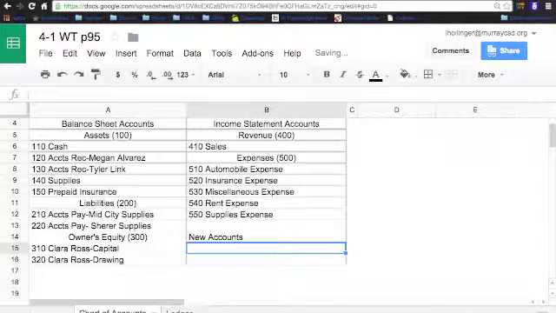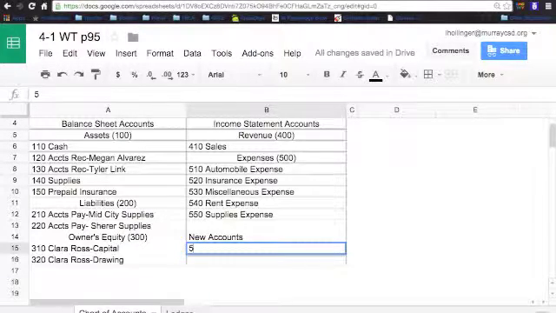In this case, apparently we're spending a lot of money on postage expense. So to keep this organized alphabetically, postage is going to fall up here before rent, M-N-O-P. So you're going to find postage right here between miscellaneous expense and rent expense. So I'm going to give postage expense a number in between 530 and 540.